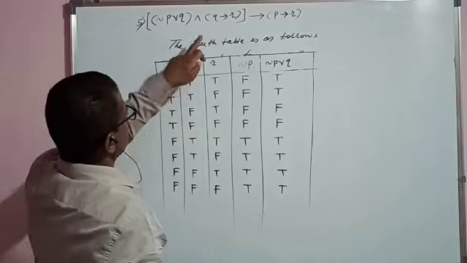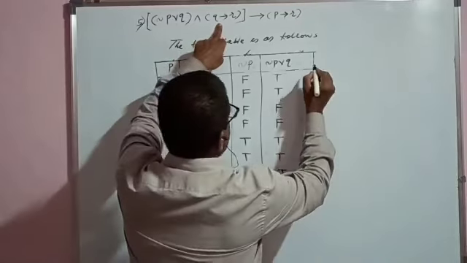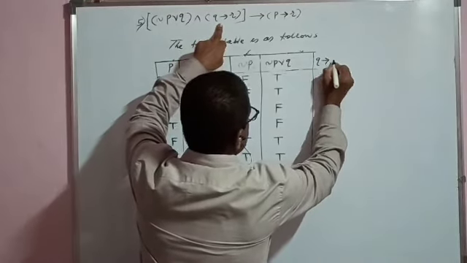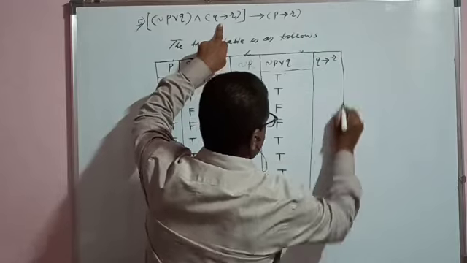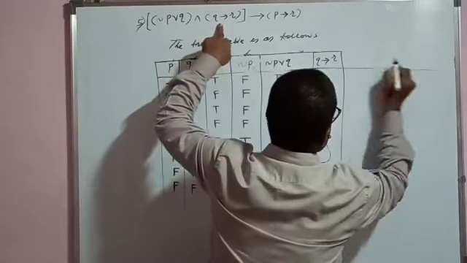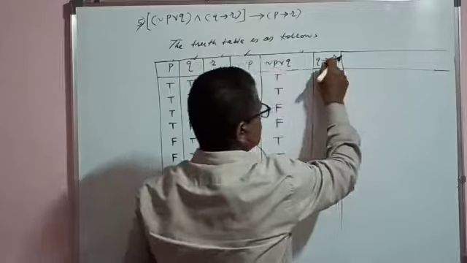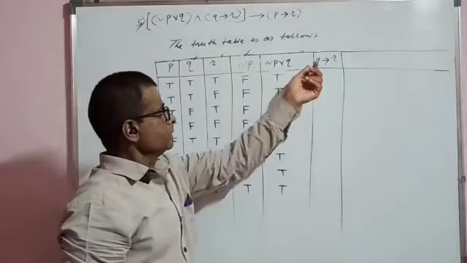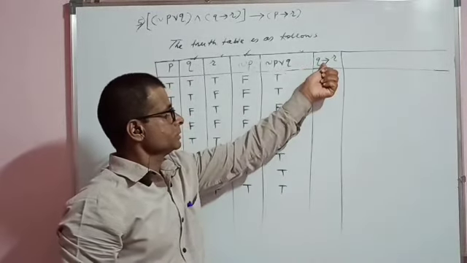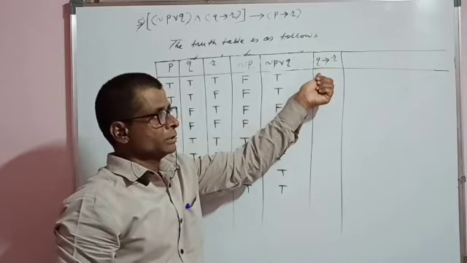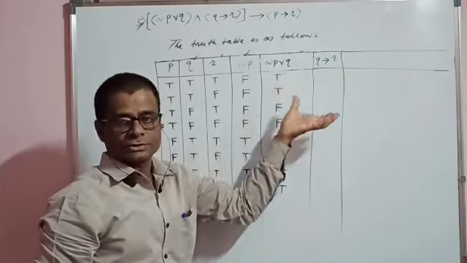So then take Q conditional R. Specifically, the conditional is false if the first is true and the second is false, and in all other cases it is true.